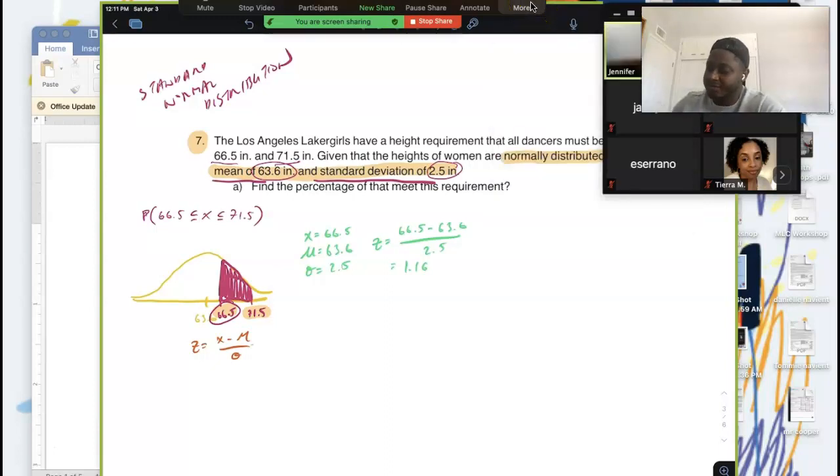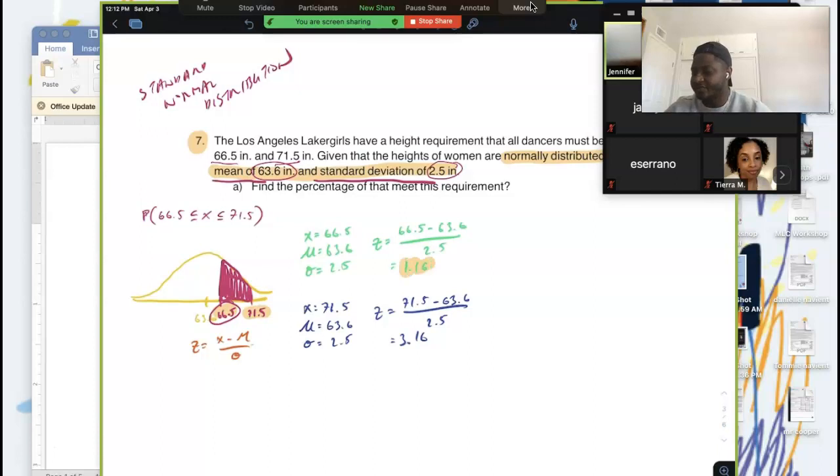Okay. All right. So for the other value, 71.5, x is equal to 71.5, our mean is 63.6, and the standard deviation is 2.5. So z equals 71.5 minus 63.6 over 2.5, and that will give me 3.16. So now we've in essence standardized those two values.